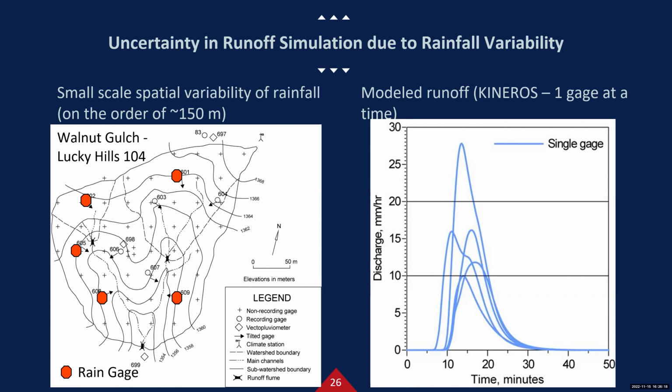So the point being, if you're going to model at this small scale, you should know something about the spatial variability of rainfall at this scale. Now, what we found, and I'm sorry I don't have the slide, is that if you use that spatial interpolation scheme with all 5 gauges, you can do a very good job predicting the observed runoff.